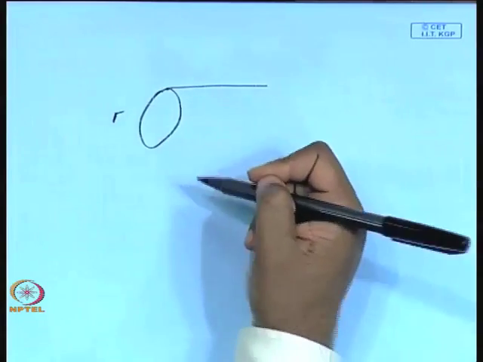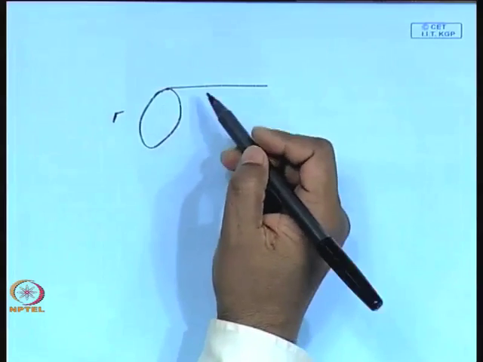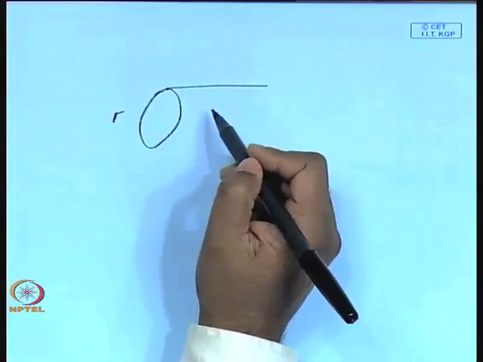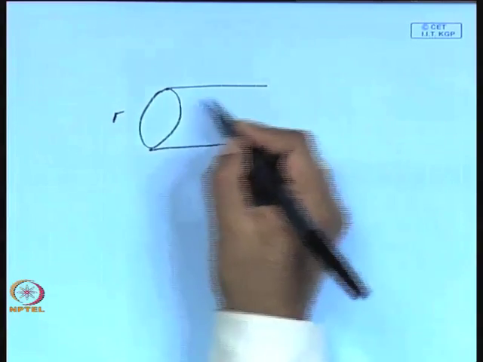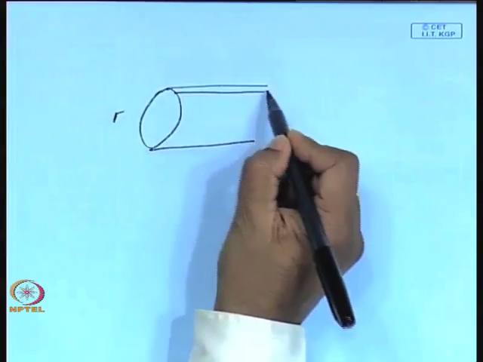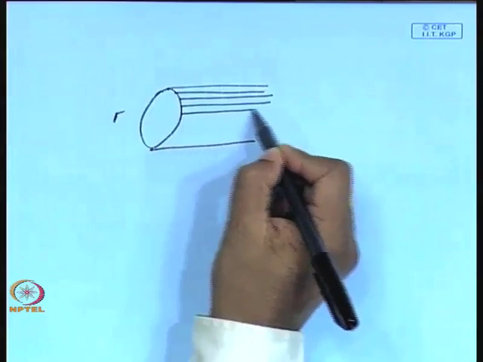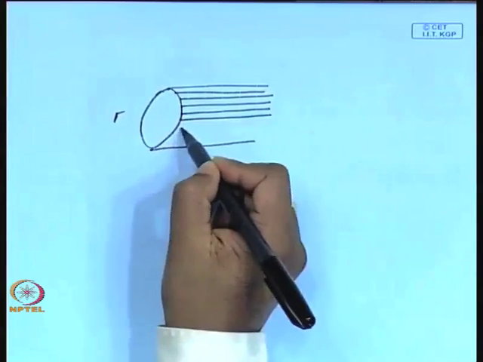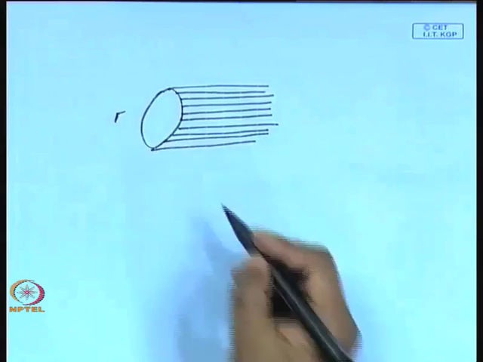Like in case of vortex lines, we have seen that we took any closed curve inside the fluid and drew vortex lines, and we got a vortex tube. Similarly, suppose I have any closed curve, and at each point of the curve I draw a streamline, then this will give me a tube, and this tube I call a stream tube.